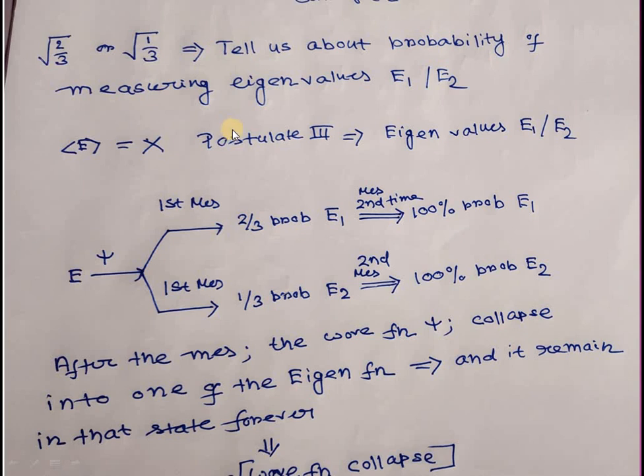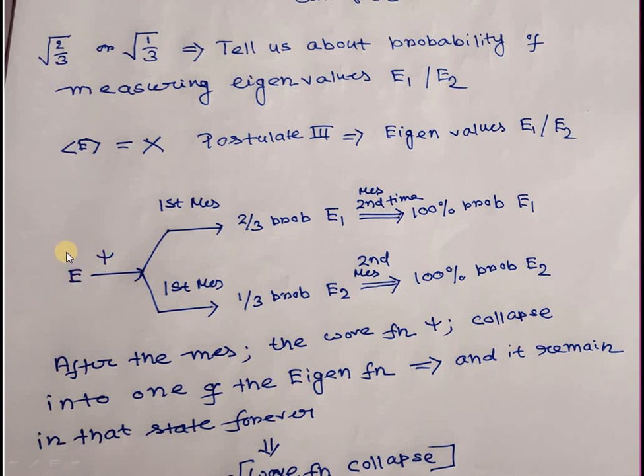As you know, according to postulate 3, and if you do not know about this postulate, you can go back to my older lecture where I discussed the 5 postulates of quantum mechanics, whenever we measure any observable of a system, we will not obtain the expectation value, we will obtain the eigenvalues only. So if you measure the system, you will only obtain either E1 or E2; you will not get the average value of the energy.